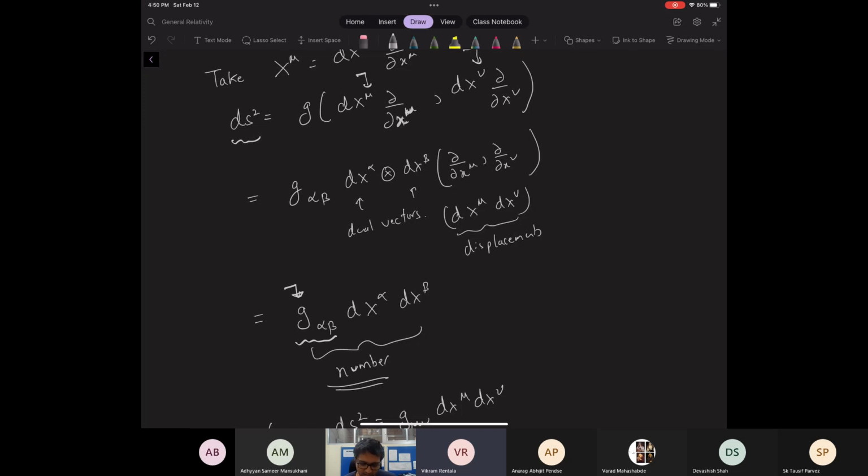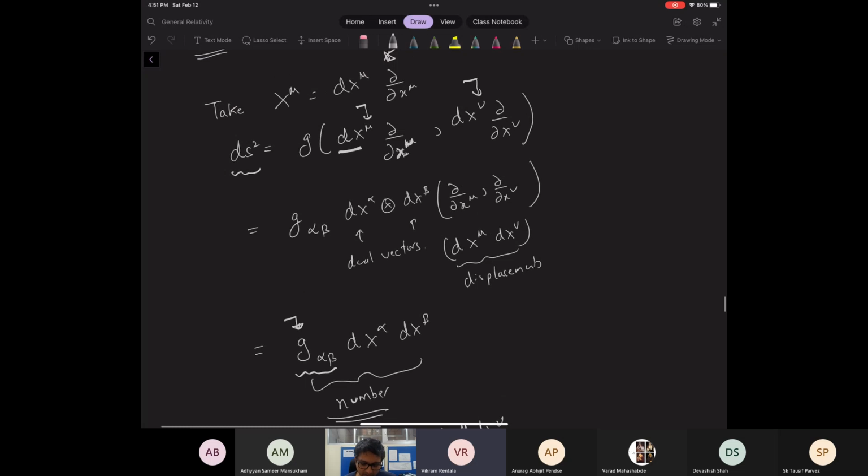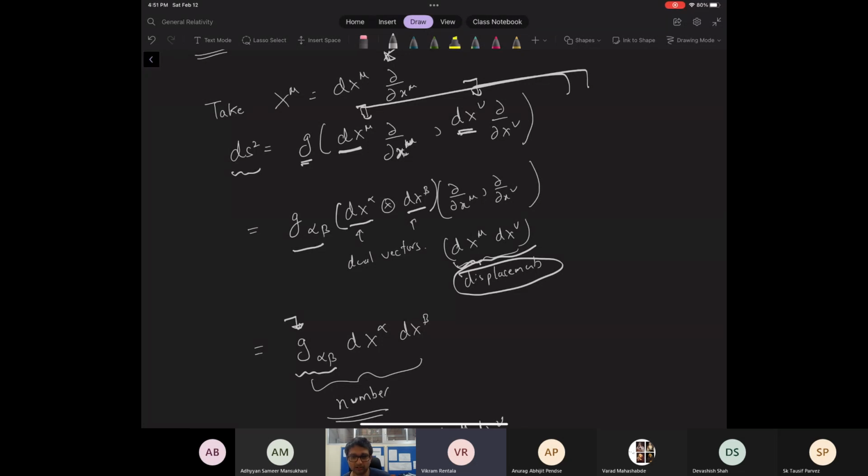Let me just clarify one thing. This dx nu are coefficients, so I can pull them outside this dot product. So these are displacements. And this g I expand in a basis, so this g alpha beta, dx alpha, dx beta. Now these are dual vectors, not displacements. What is left inside are partial x mu, partial x nu.